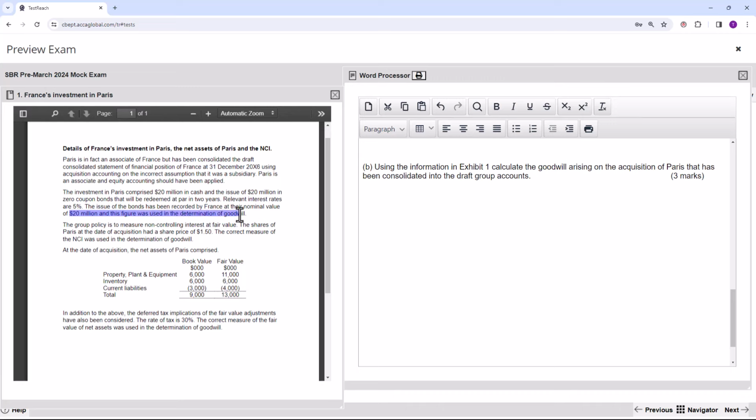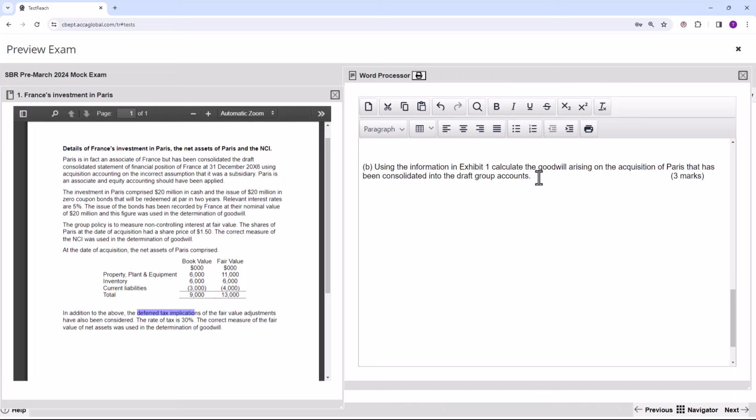All right. And I've got to remove the figure that's been included. NCI is measured at fair value and the share price is 1.5. So, okay, I've got that. And then I've got fair values that I should be using to calculate goodwill. And then there's a story around the deferred tax implication.